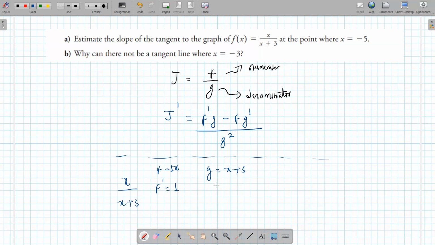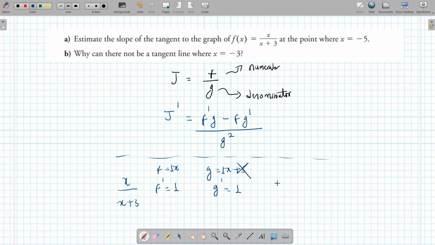What about x plus 3? What's g prime? It's the same thing as 1x plus 3. The constant disappears, and you lose the letter. It's also 1, okay? Both f prime and g prime are 1.